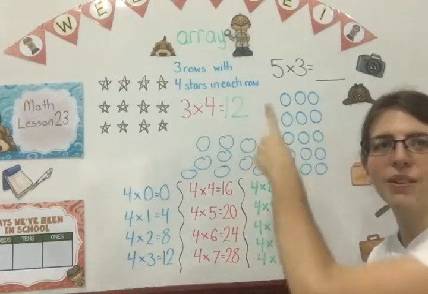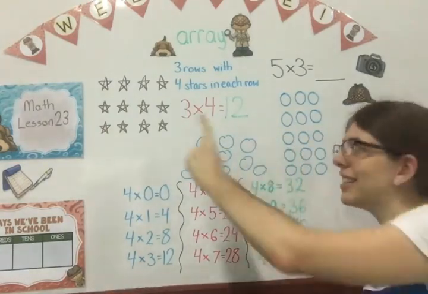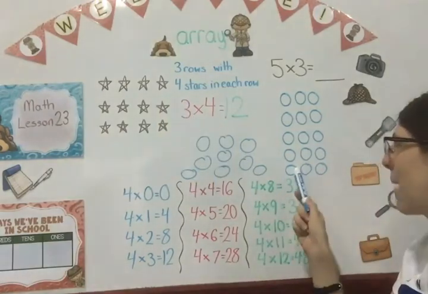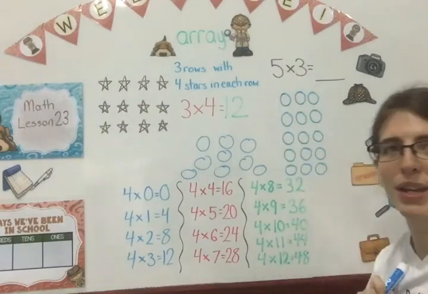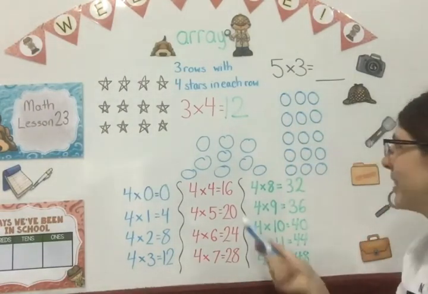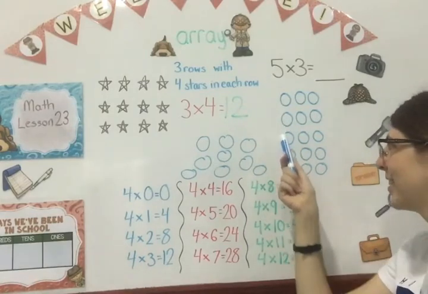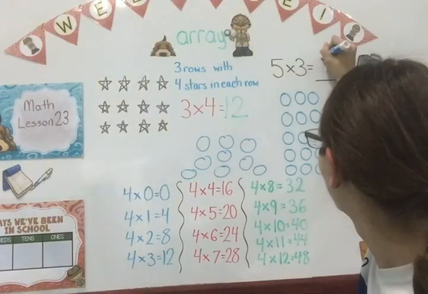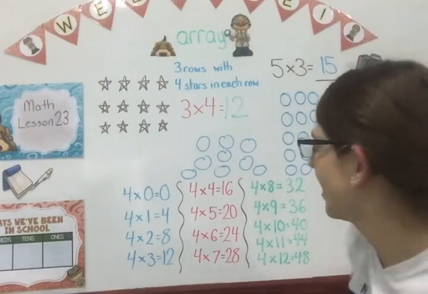So make sure that your array looks nice and neat with your rows and your columns. All right, now let's write our math fact that goes with 5 times 3. What is 5 times 3? If you don't have it memorized yet, you can always count. 3, 6, 9, 12, 15. And we'll put our answer right there.